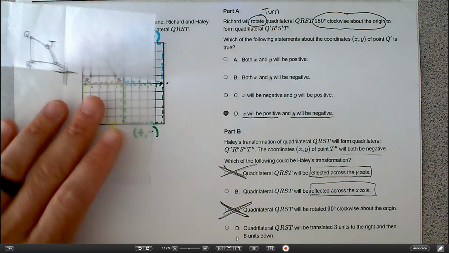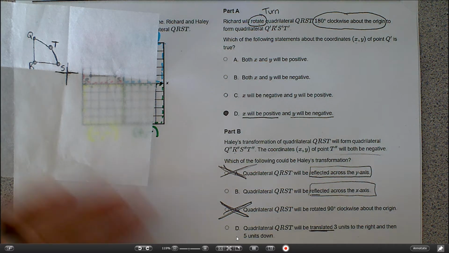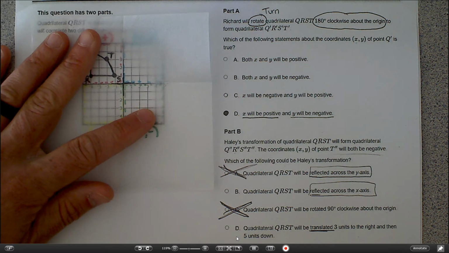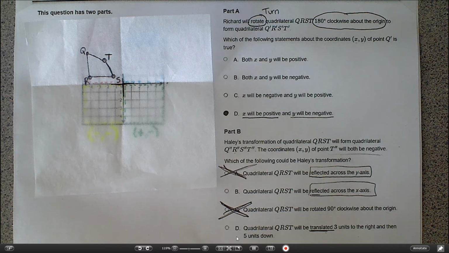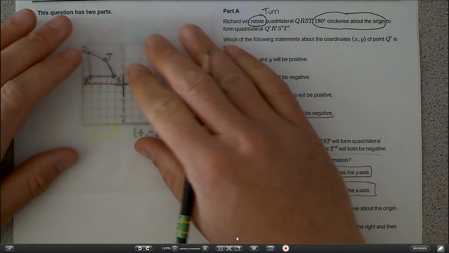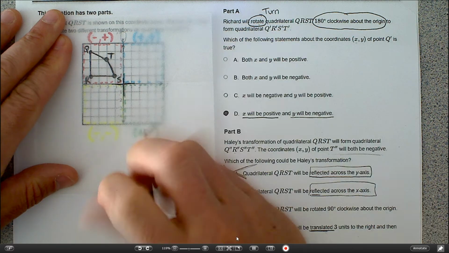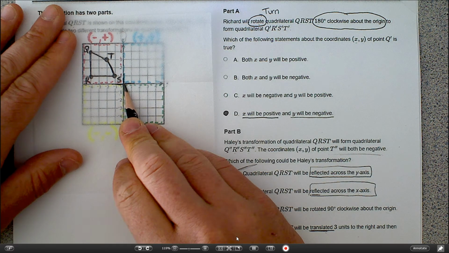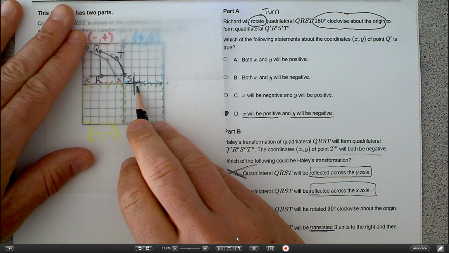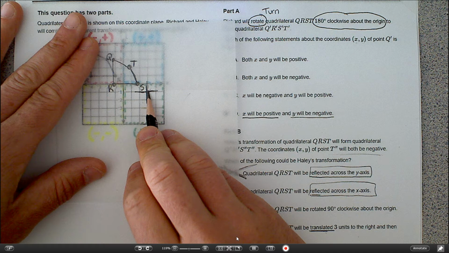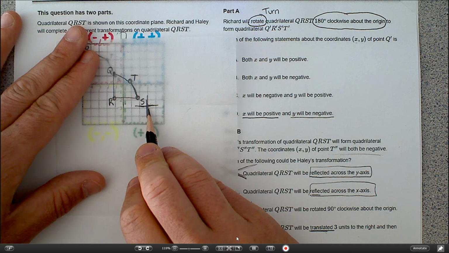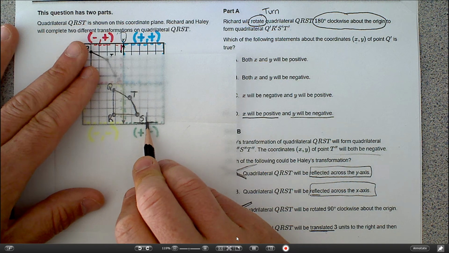And then the last one we haven't seen yet is called a translation, or the shape's been translated. A translation is kind of like a slide. We're going to slide the paper 3 units right and then 5 units down. So I'm going to travel over 1, 2, 3 units right, and then 1, 2, 3, 4, 5 units down.